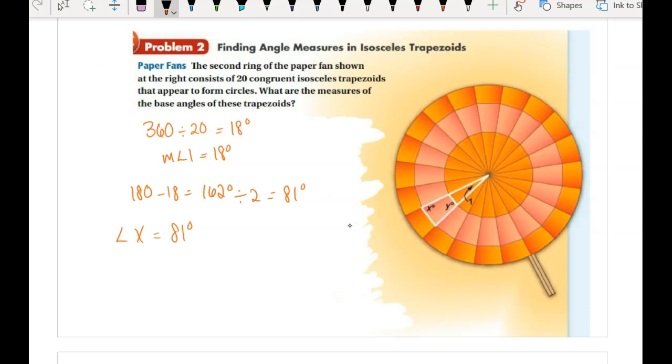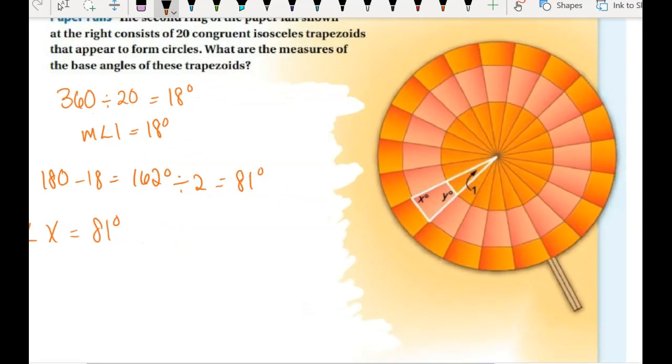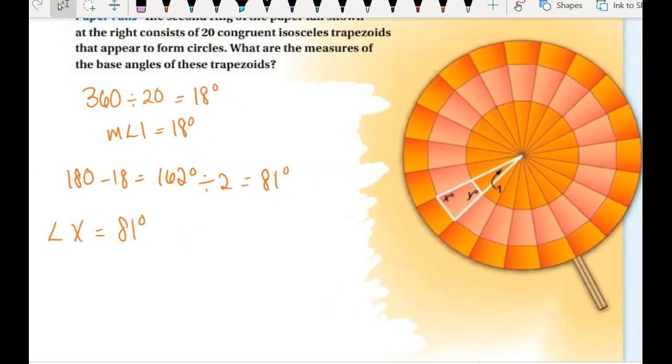Okay, now I need to find angle y. There are several ways that I can do this. If I know that this is 81 degrees, these are parallel because they tell me it is a trapezoid. So I can do same side interior angles: 81 plus y equals 180.